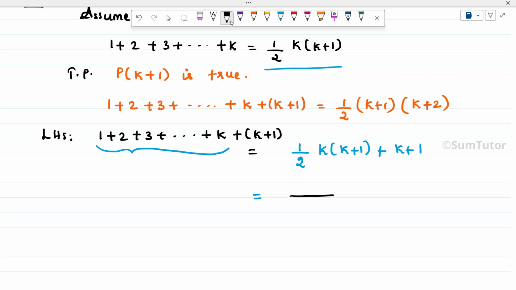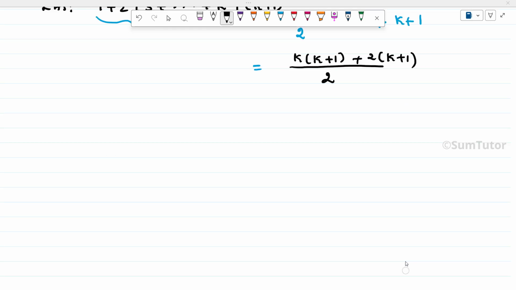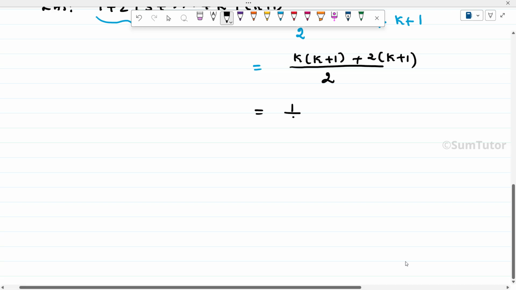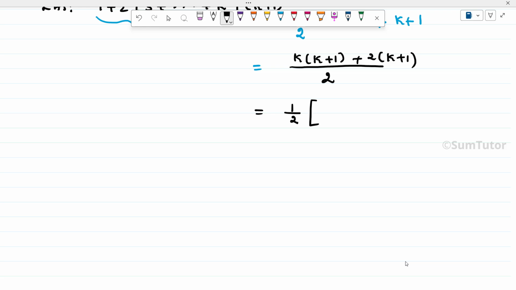Here the LCM is 2, therefore the denominator is 2, the numerator is k(k+1) + 2 times (k+1). We can take the half out: 1/2 × (k² + k + 2k + 2), multiplying k inside.